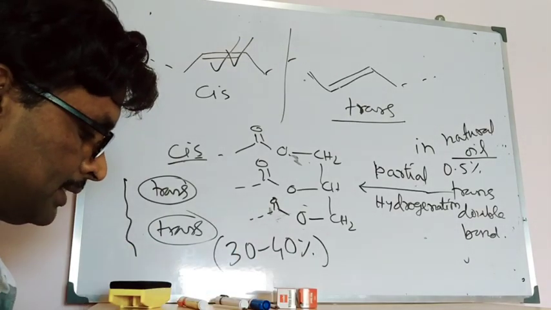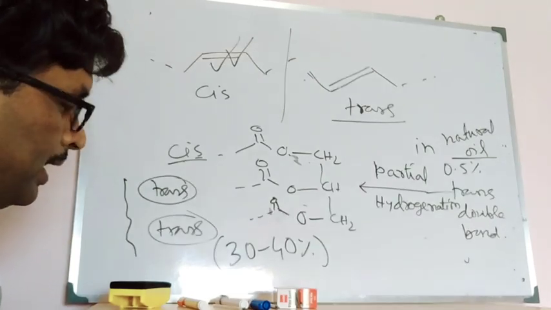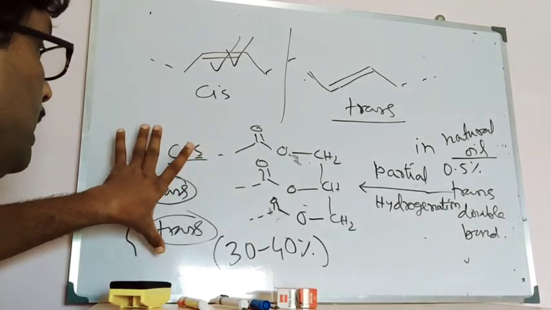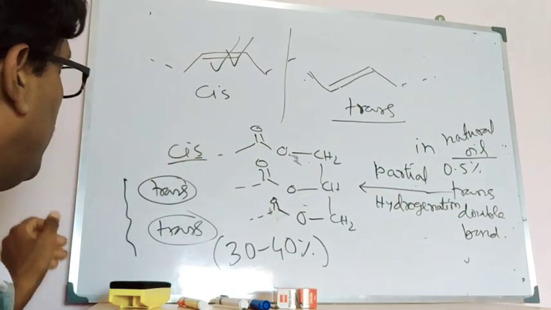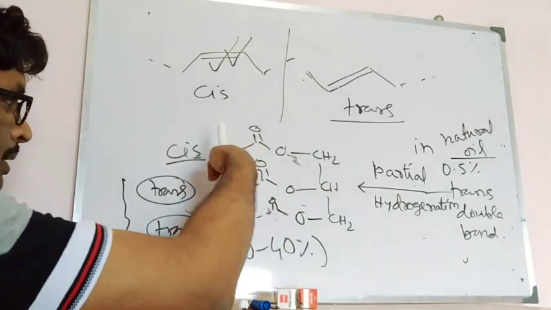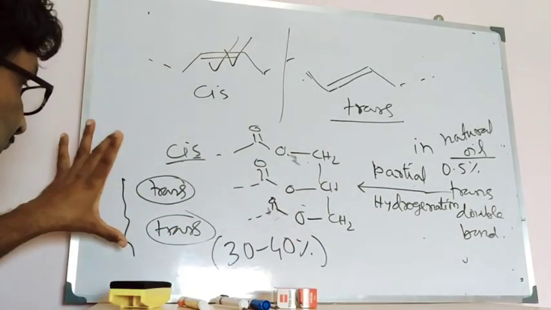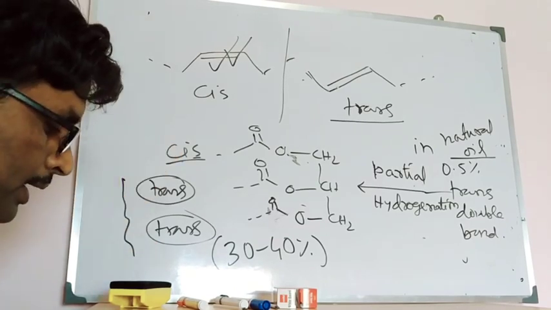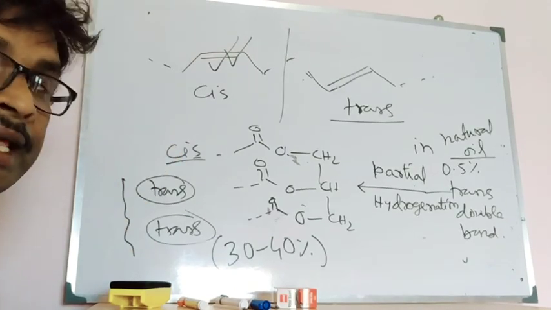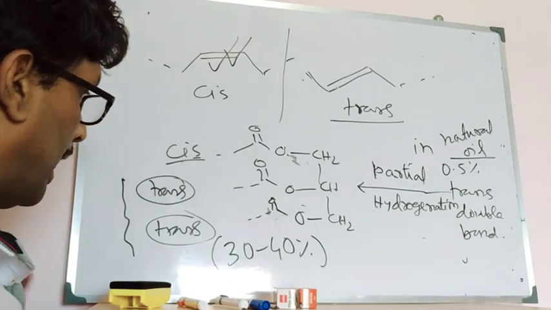So trans fatty acid is a triglyceride which is responsible for increasing the melting point in the hydrogenated oil. So we may call this a hydrogenated oil. It may be saturated by partial hydrogenation, so some double bonds will be there. The drawback of this generated trans double bond is that it increases the LDL, that is low density lipoprotein.